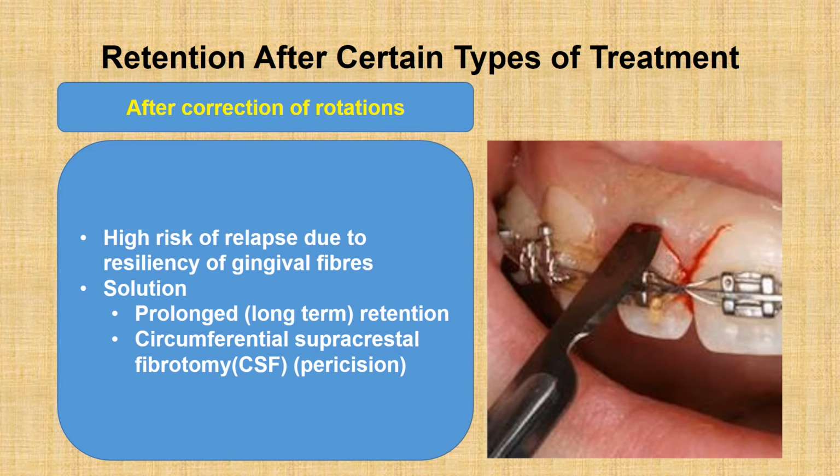Now let's have a look at retention after certain types of treatment. Let's look at rotations. Derotations carry a high risk of relapse due to the resiliency of the gingival or supracrestal fibers. One solution to this is to use prolonged or long-term retention.